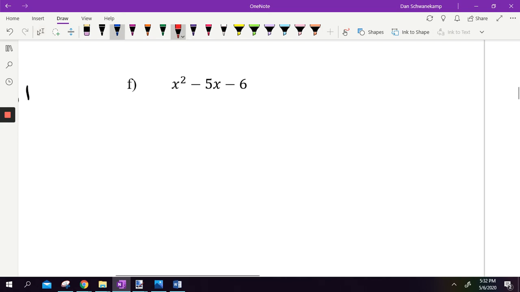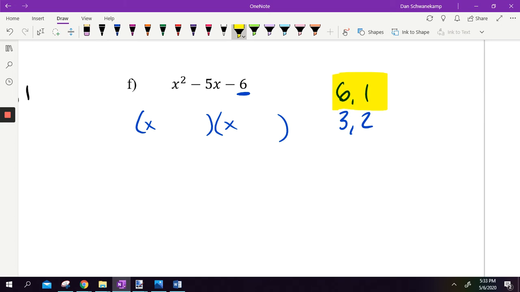Not even close. All right. I need two numbers that multiply to get 6. So what are your options? Well, you've got 6 and 1 and 3 and 2. Can you use 6 and 1 to get 5? Absolutely. Can you use 3 and 2 to get 5? Absolutely.